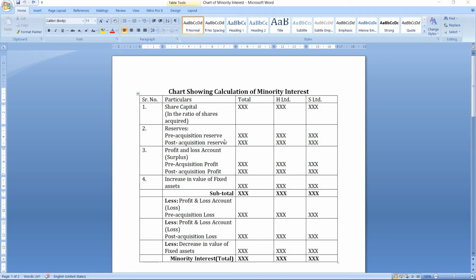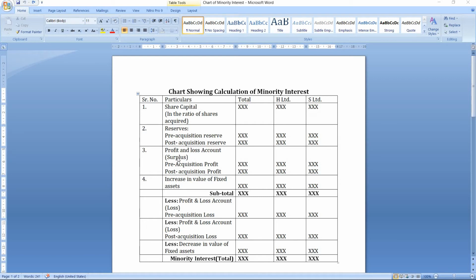So you have to see the reserve which is created by the subsidiary company before acquisition of shares by the holding company, and that reserve is to be divided between the holding company and minority shareholders in the above calculated ratio. Similarly, post-acquisition reserve is the reserve which is created by the subsidiary company after acquisition of shares by the holding company. This reserve also is to be divided between the holding company and the minority shareholders.